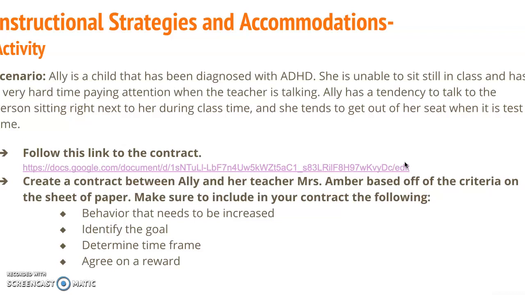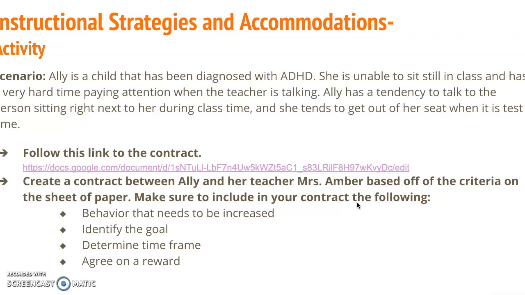This is another strategy teachers use to help students with ADHD form a goal and know what they need to do. In a contract, a teacher usually sits down with a student and they go through what behavior needs to be increased. What is the behavior the teacher wants to see from the child? They identify the goal.